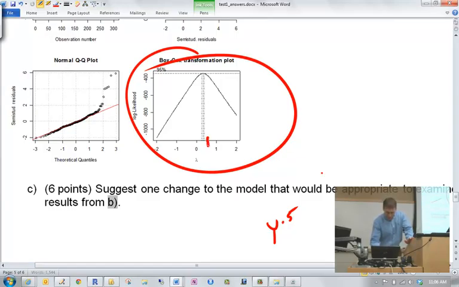And 0.5 would fall right about there. In fact, you could actually calculate the interval and see 0.5 is not in the interval. Well, if 0.5 is not in the interval, then you shouldn't think that will be a possible value of lambda. And thus, a square root transformation would not make sense for this problem if you're referencing the Box-Cox transformation here.